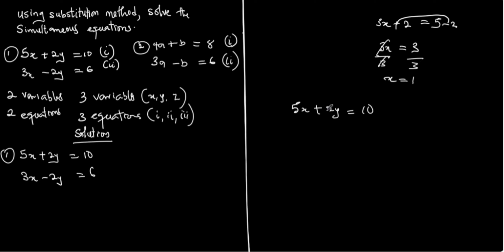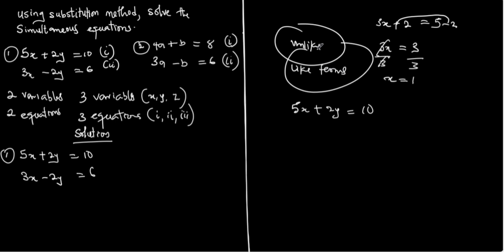However, these two variables are unlike terms, right? And it is impossible to add two unlike terms together. For us to be able to add these two terms, both of them must be like terms, right?